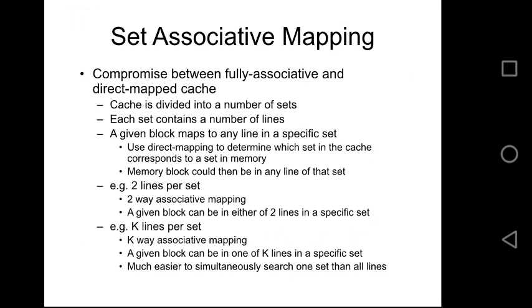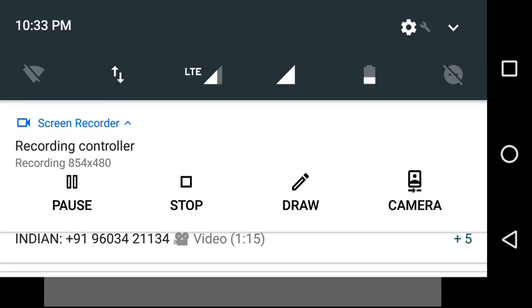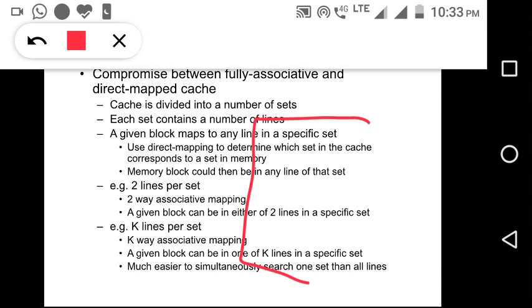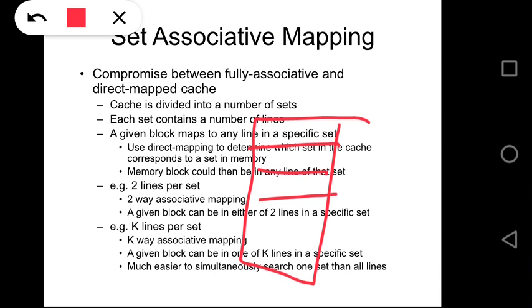So use direct mapping to determine which set in the cache corresponds to the set in memory. The memory block could then be in any line of that set, and with 2 lines per set, it is called two-way associative mapping. So they will group 2 blocks in the cache and call it a set. What's happening here? I'm dividing the cache into blocks, right? B0, B1.